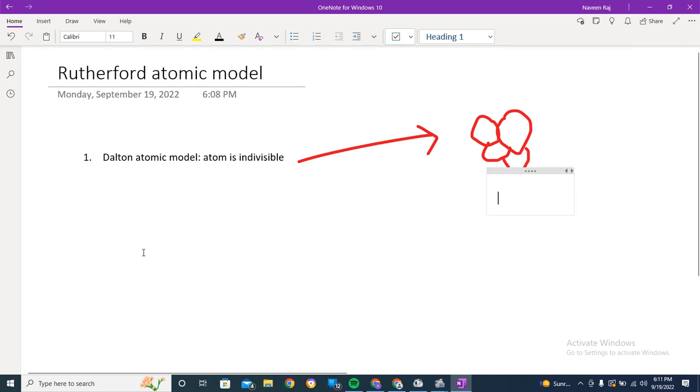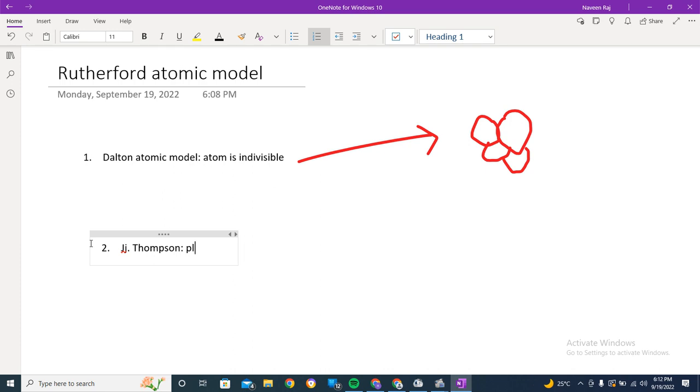Number two, the scientist who came was J. J. Thomson. What he gave was the plum pudding model, which is quite a simple model.